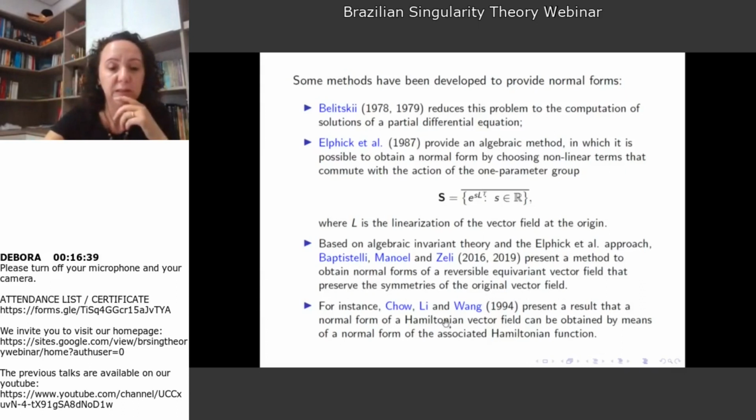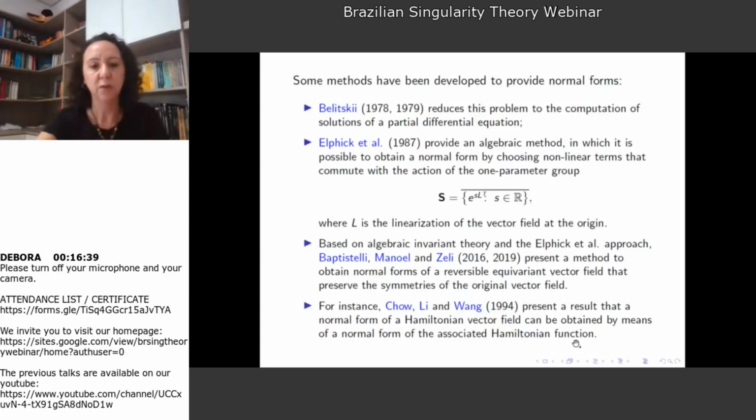And in this book, Zhou, Li, Wang, 1994, they present a normal form of Hamiltonian vector fields, but not considering symmetries, and they show that the normal form can be obtained by means of a normal form of the associated Hamiltonian function. So here we have these two elements: we have a Hamiltonian vector field, and we study symmetries.